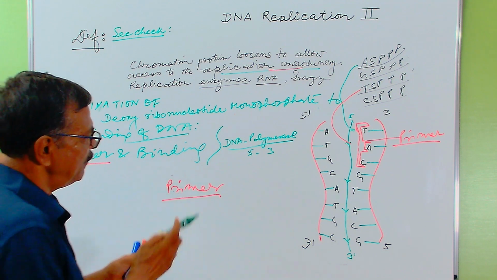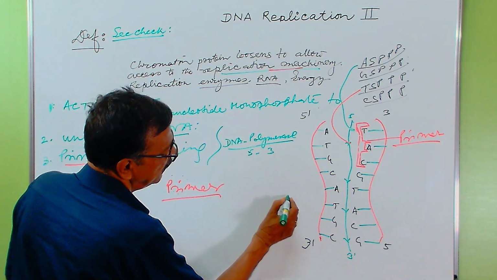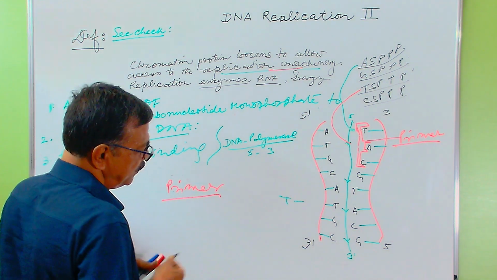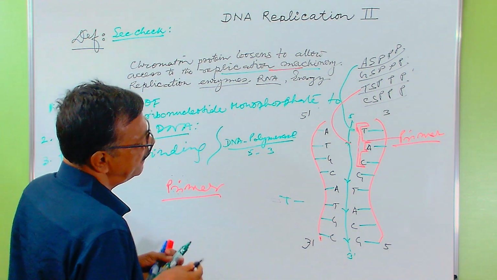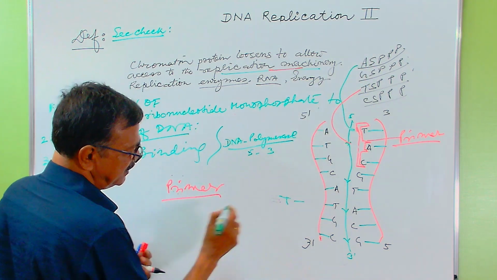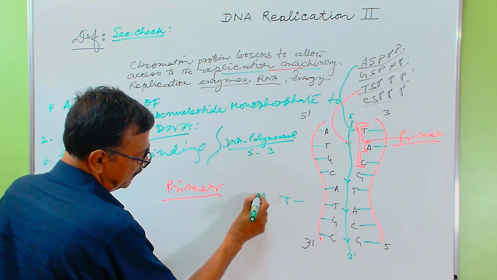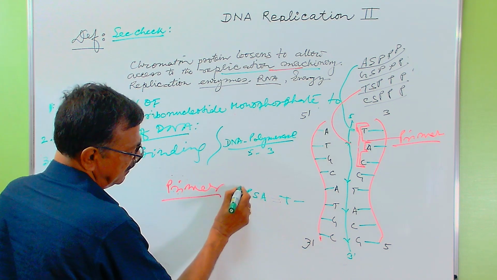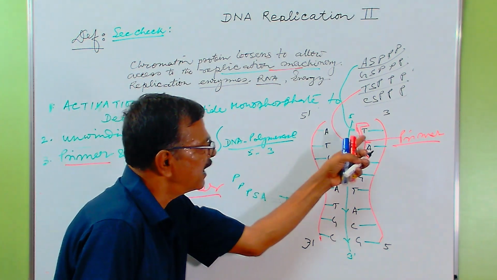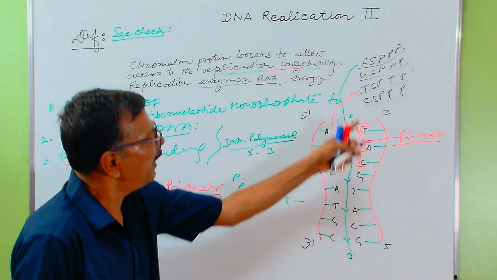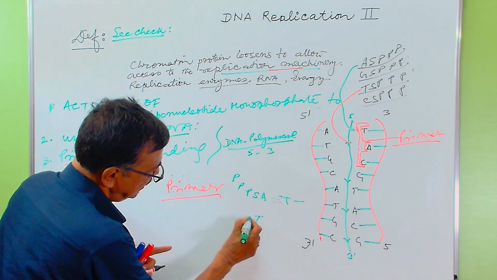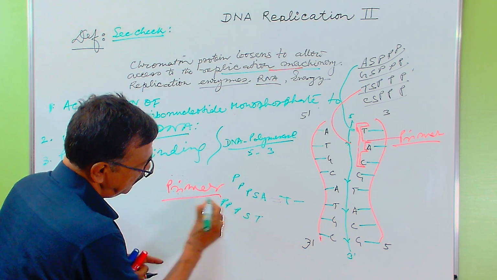Whenever it will come, opposite T, with 2 hydrogen bonds, A, S, P, P, P will come. Is it not? A, sugar, phosphate, another phosphate will come. It will sit here. And opposite A, T, S, P, P, P will come.